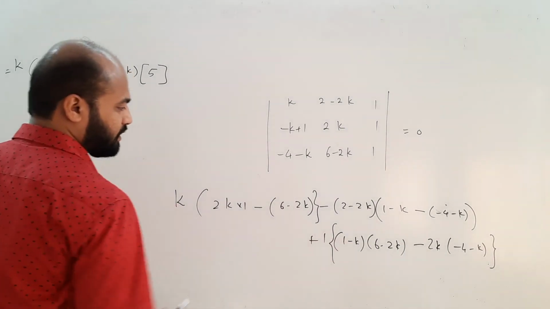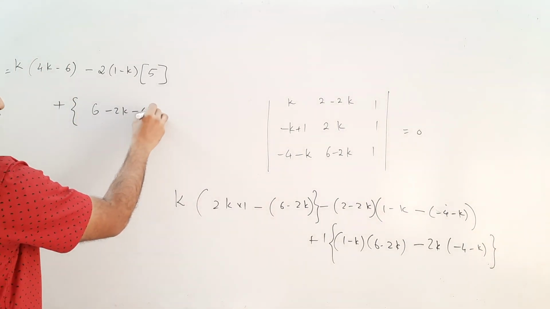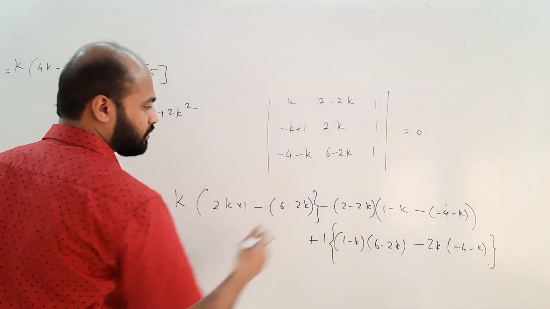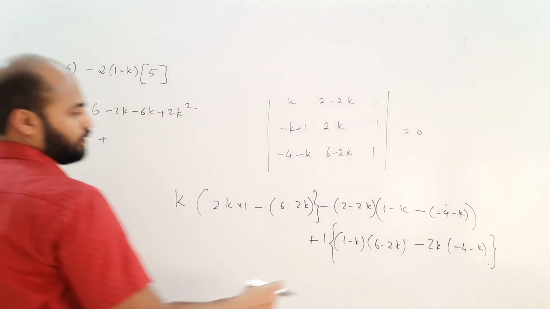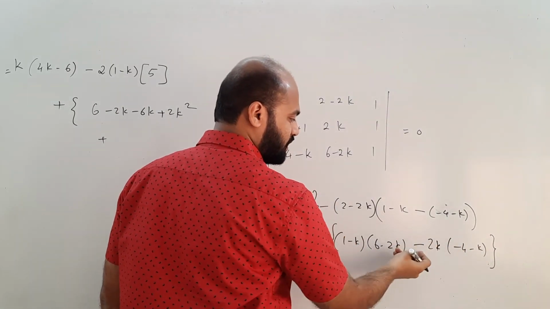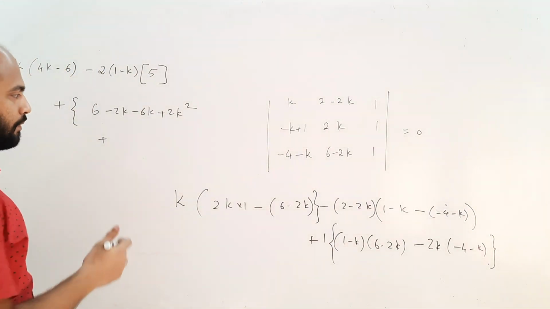Simplifying this, we are going to get 6 minus 2k minus 6k plus 2k square. And then the second bracket is going to have, if we take this minus sign outside, this minus and this minus will become plus, and whatever product we get over here will be plus.